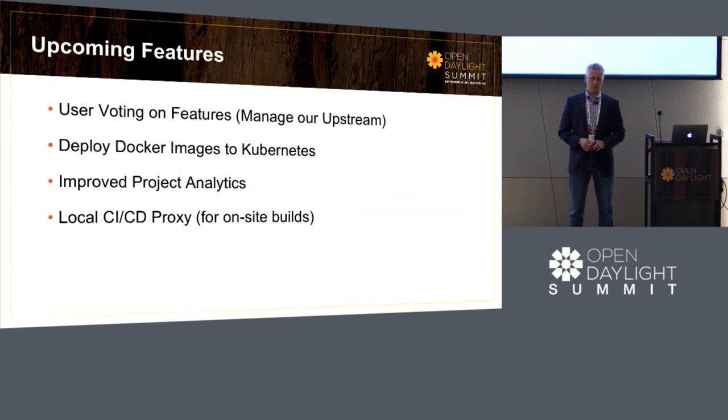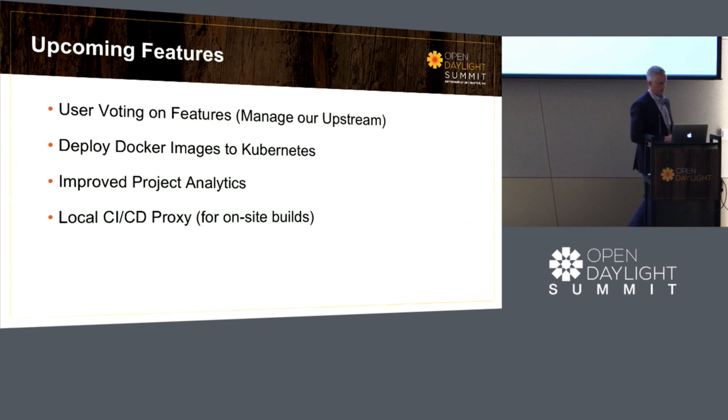So what we want to make sure we offer to everybody is the ability to influence what they need within upstream. So we are creating voting on features to manage the priority of what's going in upstream. That's something that we offer through the platform.